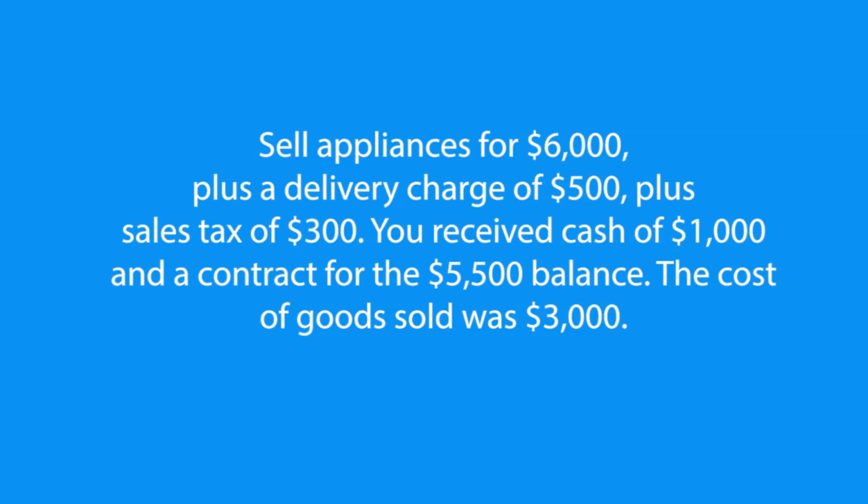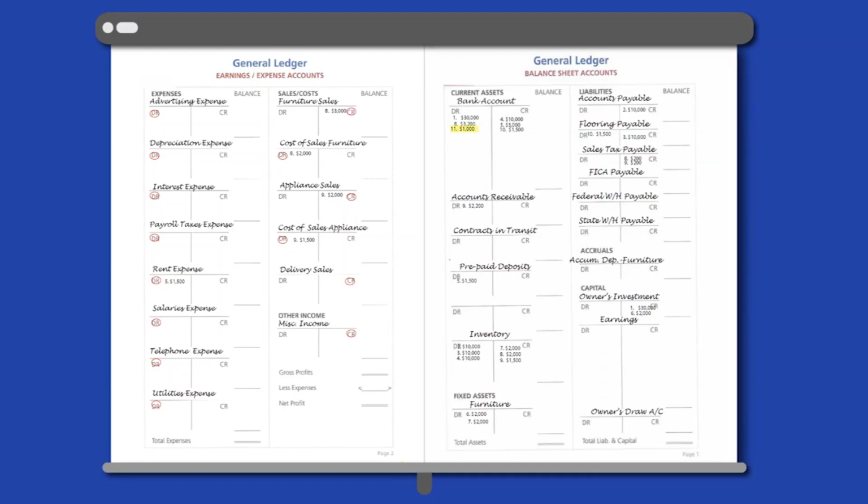Okay, Tina. Tell us what you did. Debit the bank account, the $1,000 cash. Debit contracts in transit, $5,800. So we have $6,800 in debits.